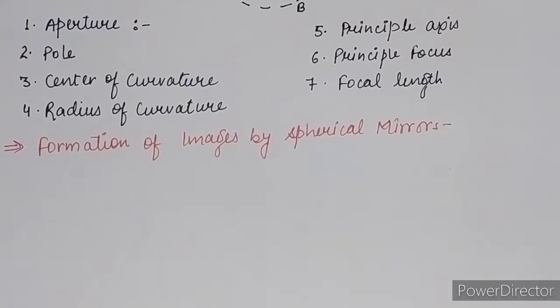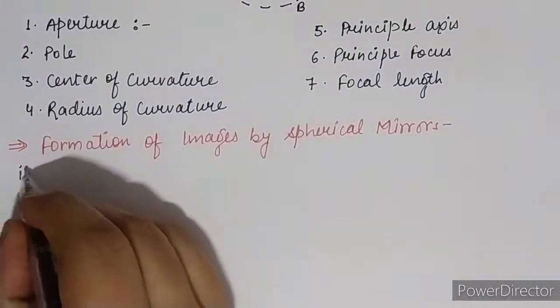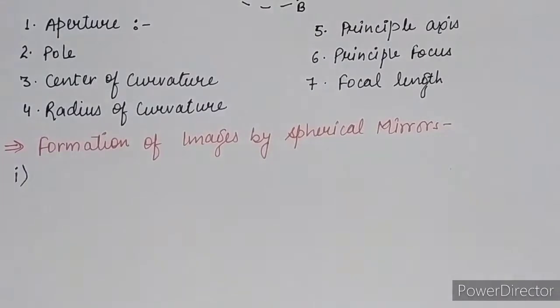So in that series, all the things I am explaining with the help of the diagram, so you can understand better. So first one is, if the incident rays are parallel to the principal axis, they always pass through the focus. Okay, clear?